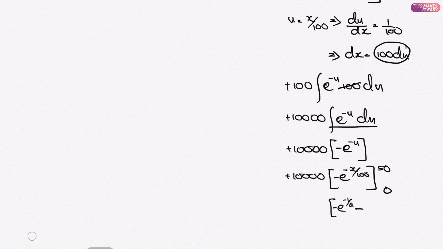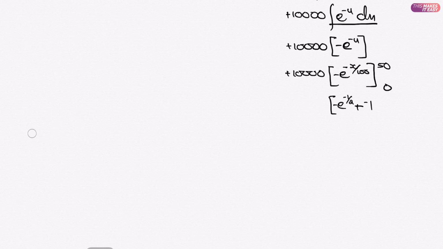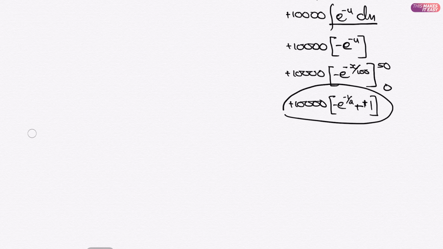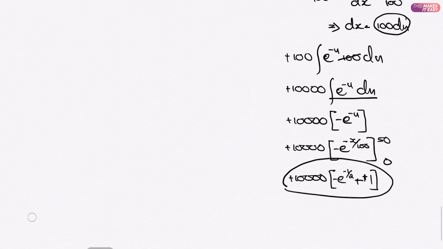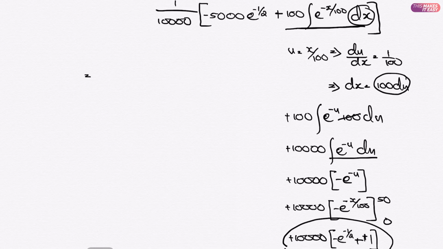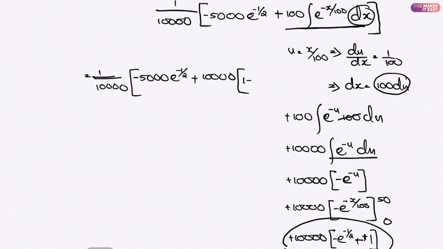When x takes value 0, this becomes minus 1. Now we can put this in our earlier equation. So it will be equal to 1 by 10,000 times minus 5,000 e to the power minus 1 by 2 plus 10,000 times 1 minus e to the power minus 1 by 2.